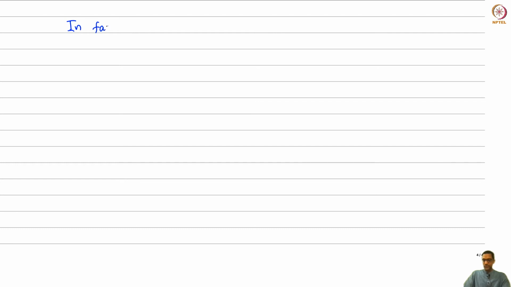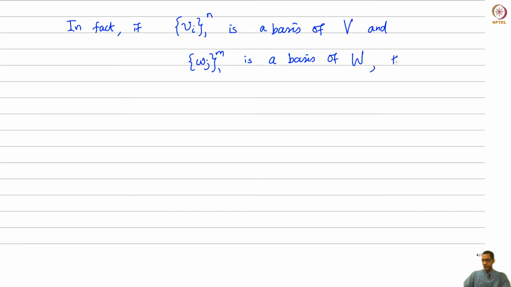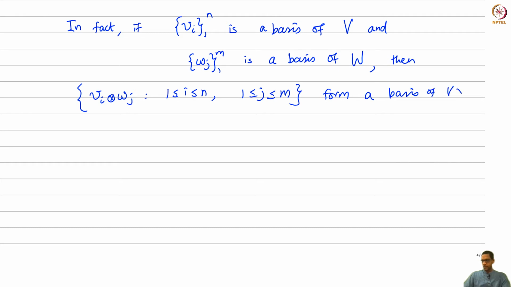In fact, if you just take a basis, if Vi is a basis of V and Wj is a basis of W, then we claim that the elements Vi tensor Wj, these nm elements, 1 less than or equal to i less than or equal to n, they form a basis of V tensor W. Okay, and that will of course show that the dimension is nm.